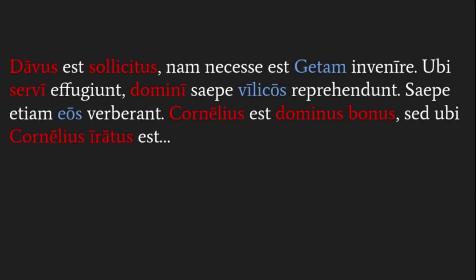So I'm not entirely sure what Ecce is going for here, but literally it says he's a good master, but ubi Cornelius iratus est, that means, but when Cornelius is angry, they're making some odd implication that he's going to be violent and hit his slaves, which is very common. But again, it's just another bizarre line from Ecce calling him a good master, but yet he's beating everyone. So again, take it for what it is. But that's literally what the line says.